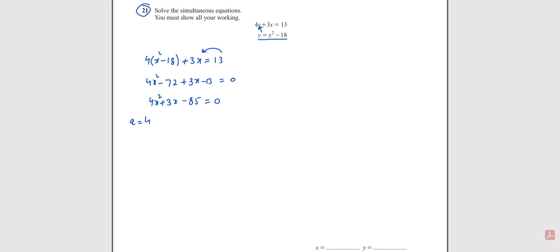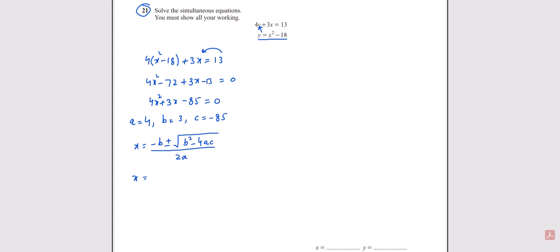A is equal to 4, B is equal to 3 and C is equal to minus 85. So x is equal to minus b plus minus square root of b square minus 4ac, divided by 2a.